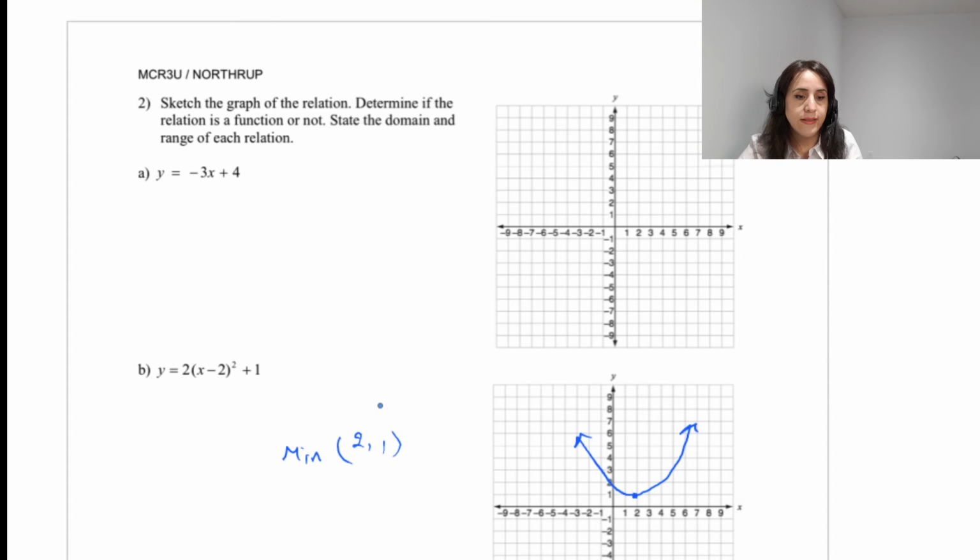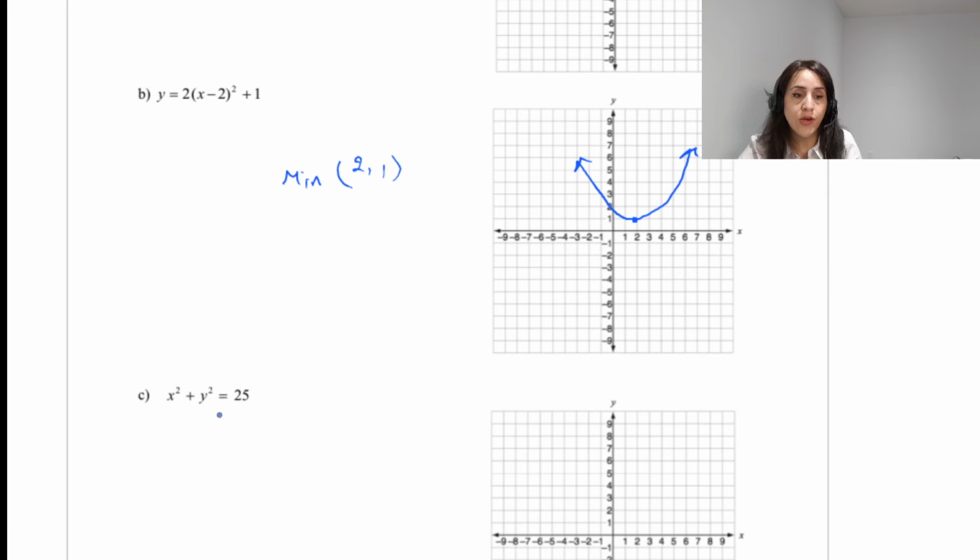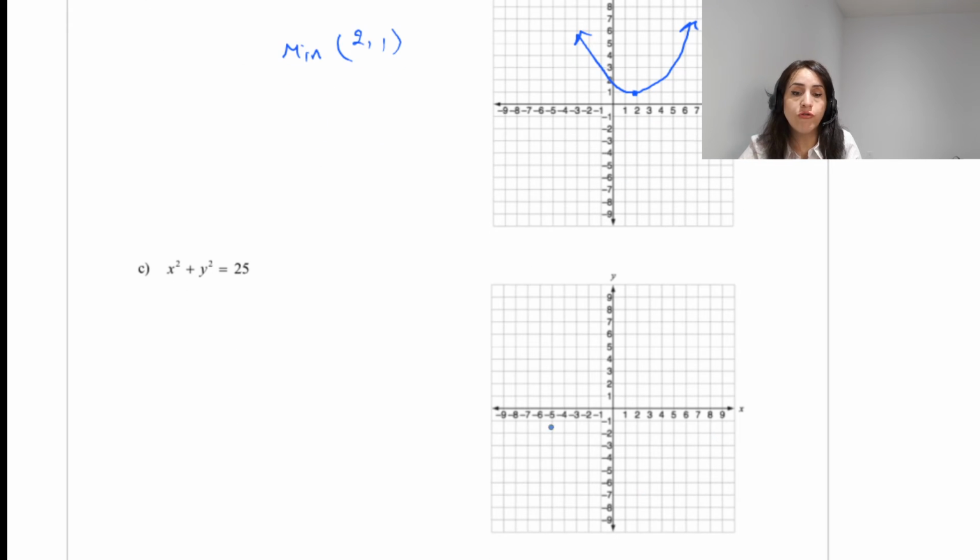Here is the next example, because I just did exactly the same things. X squared plus y squared, I did with 9. Now it's 25. I'm sure you can do a draft graph very fast. You can write down whether it's a function or not, and what the domain and range are for this one.